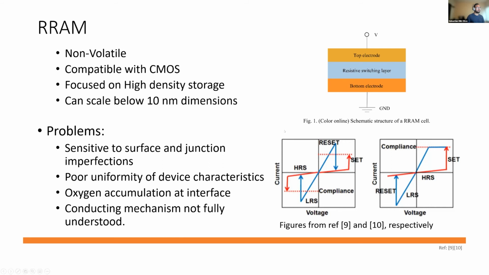They also mentioned that there are some problems with oxygen accumulation between the interfaces of the resistive layer and the electrodes. And as I said, the conducting mechanism is still not fully understood. I think they do not have a concise or universally agreed physical model for it, but they have some ideas for it, which is what I talk about.